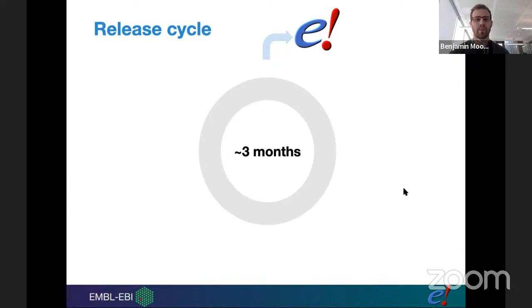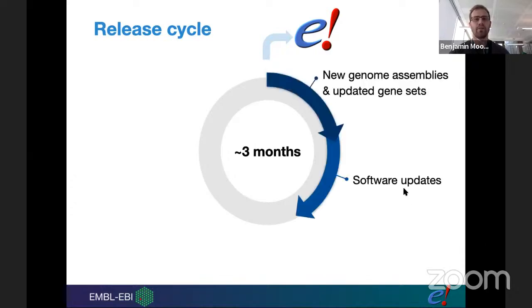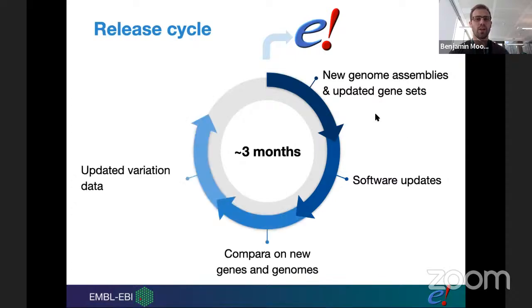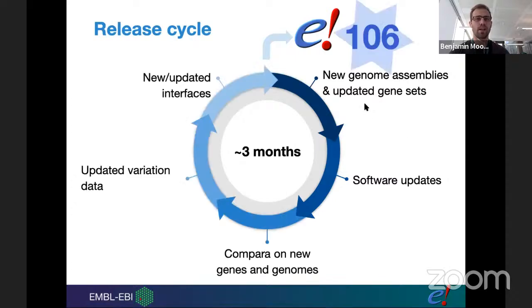We look for new species that have had their genome sequenced or had an updated annotation data set. We update our underlying software, we reperform all of the different comparative analyses and update the different data sets, and then we package that all up and release it as a new version of Ensembl.